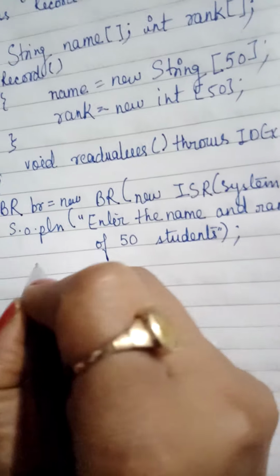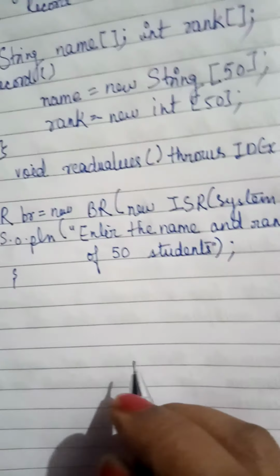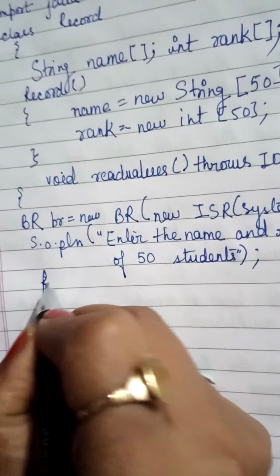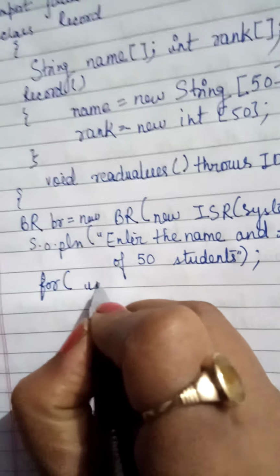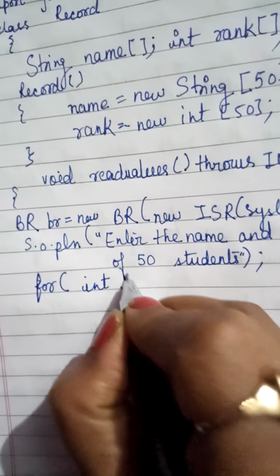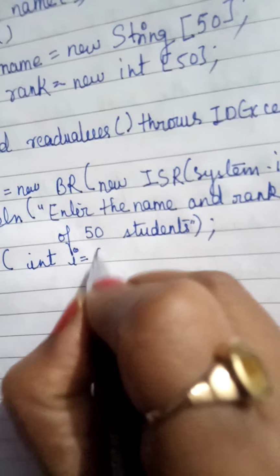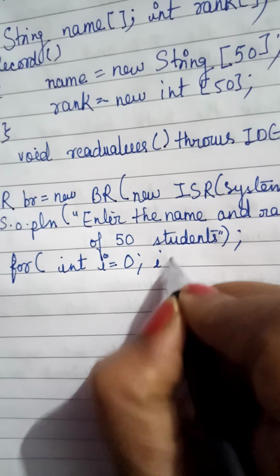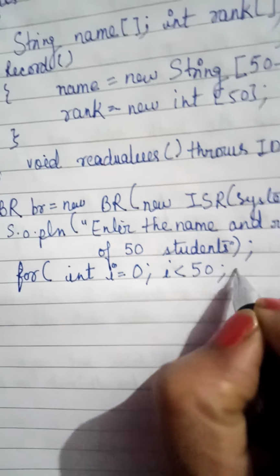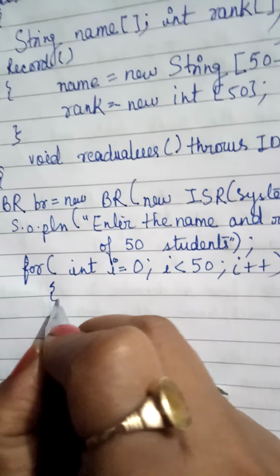Okay, and you will read the values using a for loop. int i equals to 0, i less than 50, i plus plus.